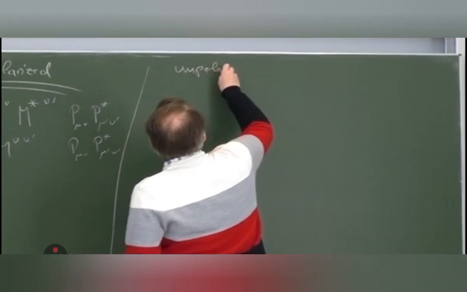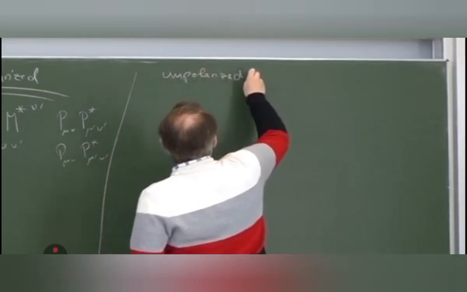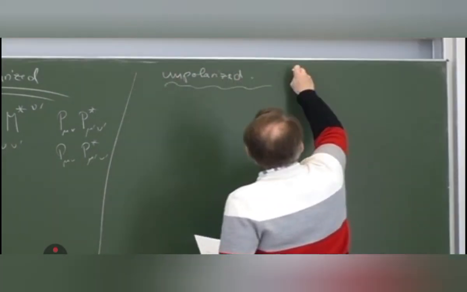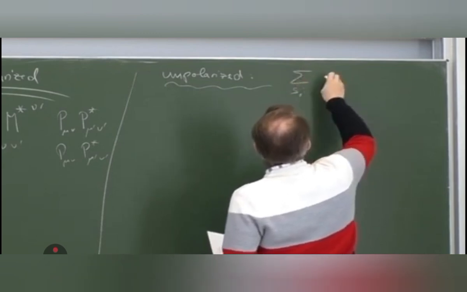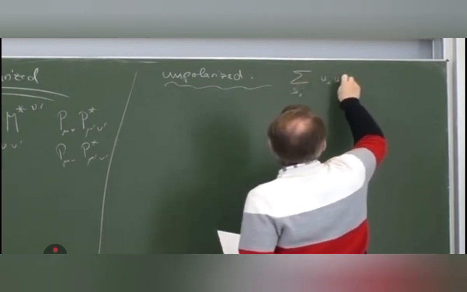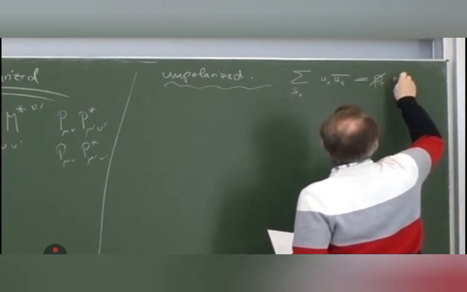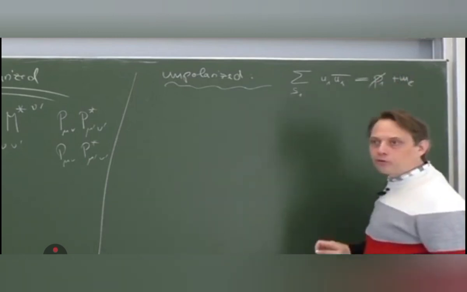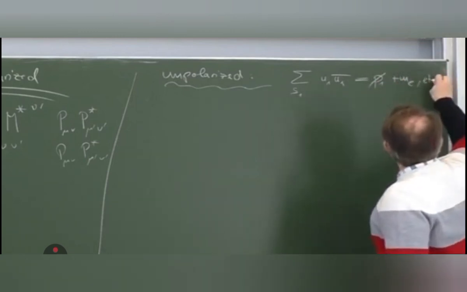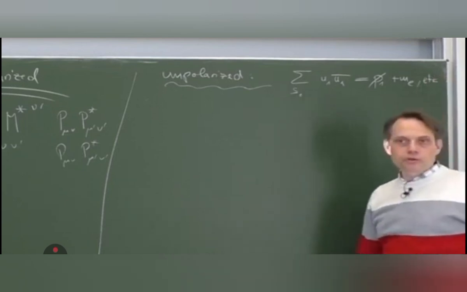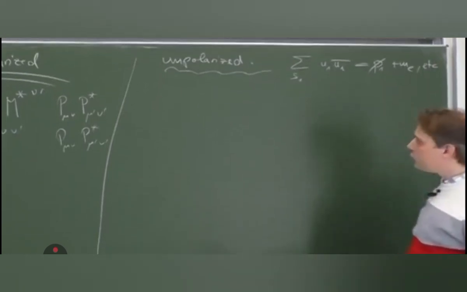So that is the unpolarized case. We use, for example, the sum over s1 of u1 ū1 is equal to p1-slash plus the electron mass, and so on. This is what we now can use, and that can go into this.